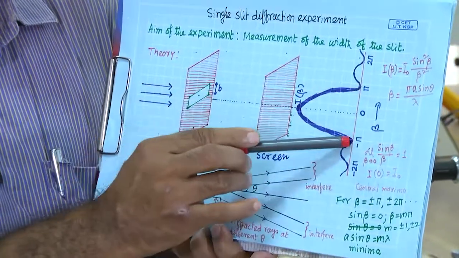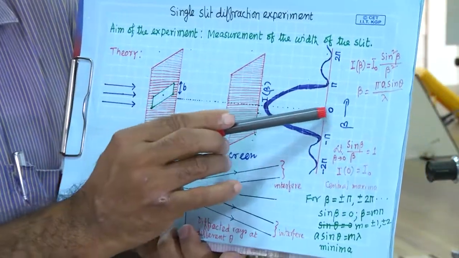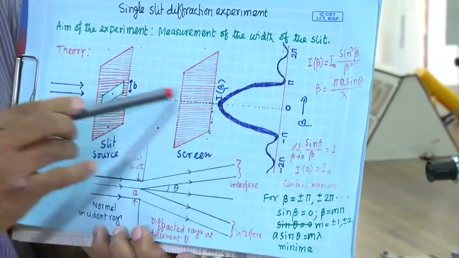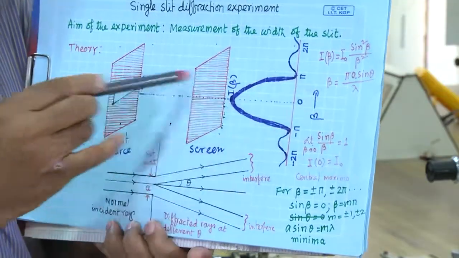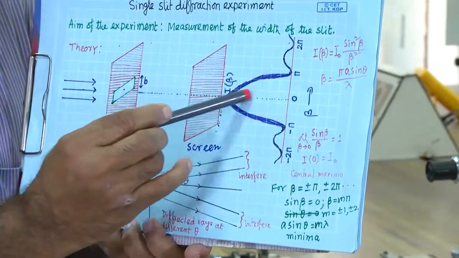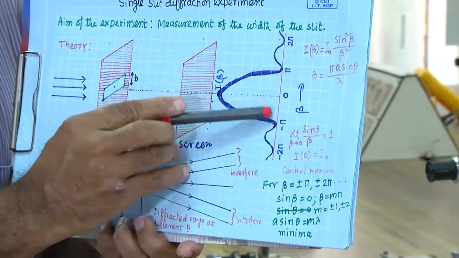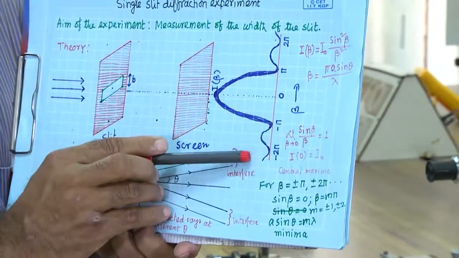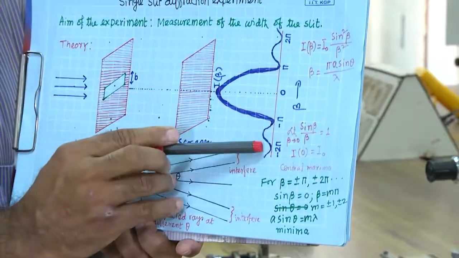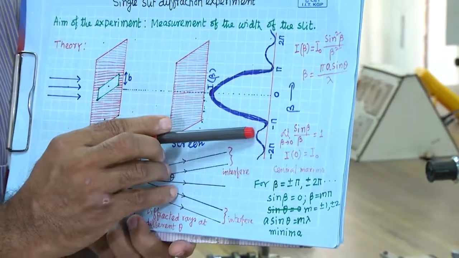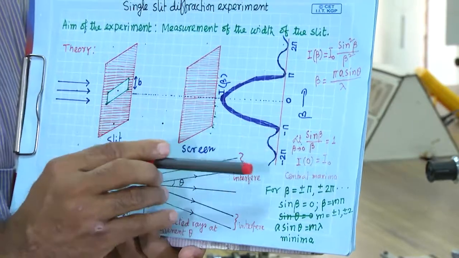The central maxima we generally get at the direct position. If you follow this dotted line, at the direct position we see the central maxima, and on both sides of the central maxima we get the secondary maxima, and between the secondary maxima and central maxima we get the minima.